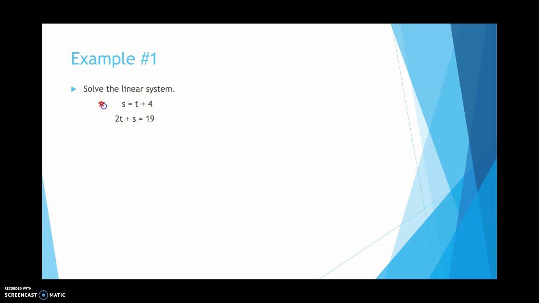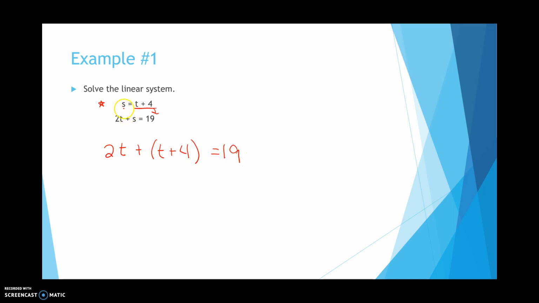Notice my first equation has s equals. So s is all by itself, which means I am going to take this s equals t plus 4 and substitute it into this equation. So I'm going to take 2t plus s. Well, if s is t plus 4, I'm going to substitute in that t plus 4 equals 19.